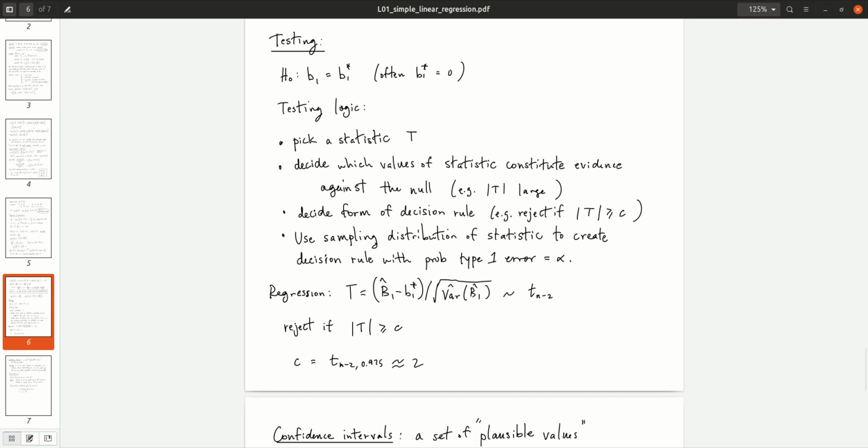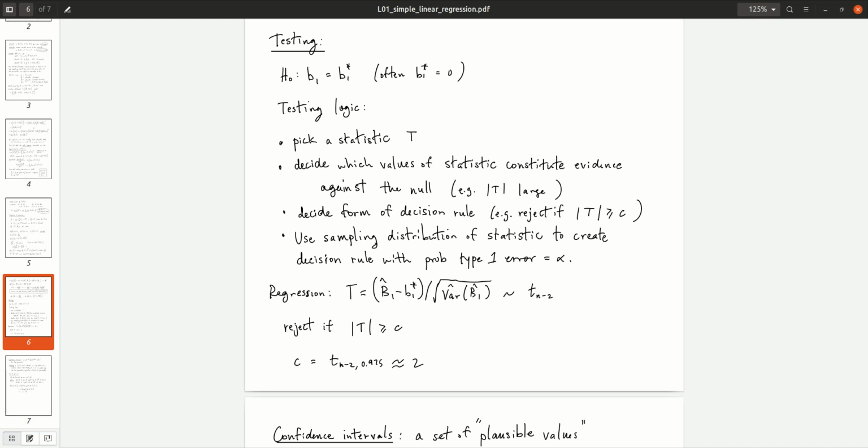And then here's how the logic works. We pick a statistic that I'll call capital T. We decide which values of the statistic constitute evidence against the null hypothesis.